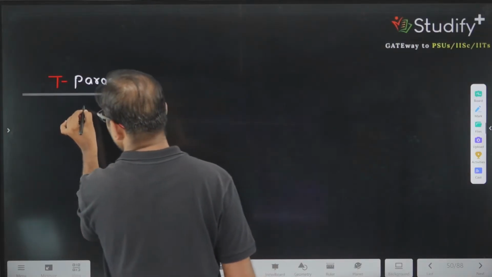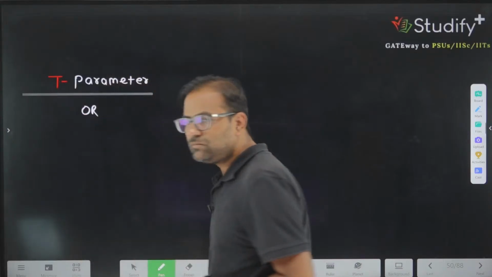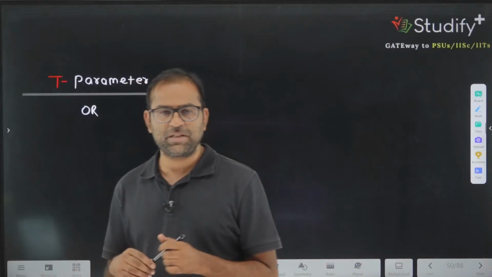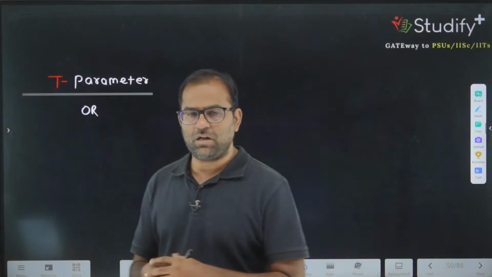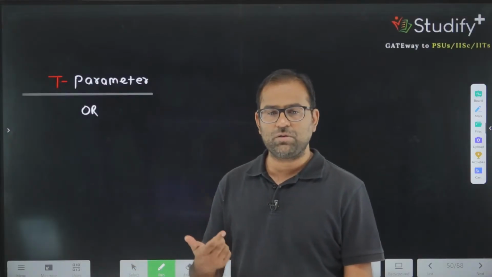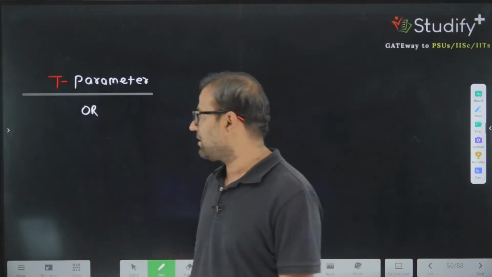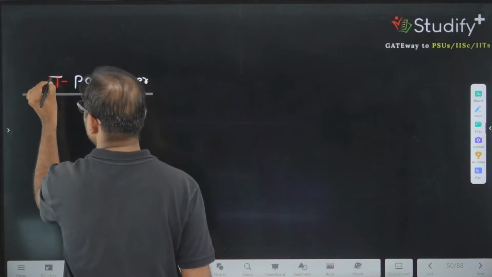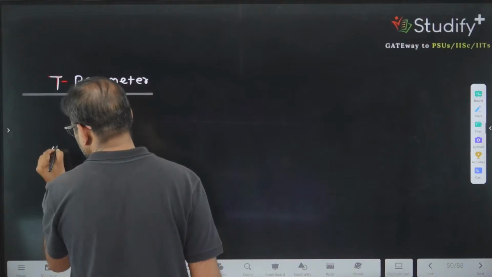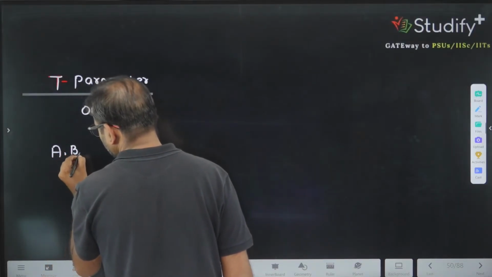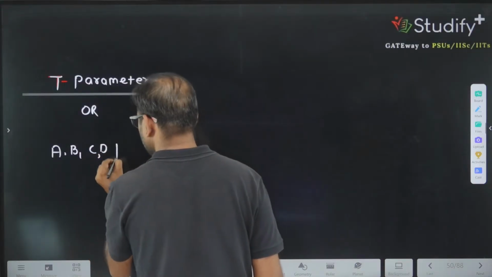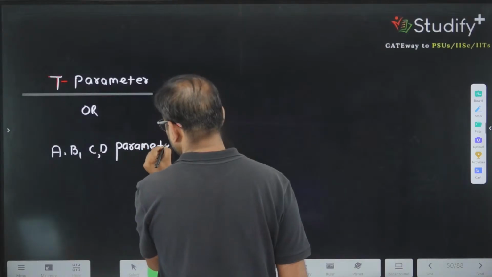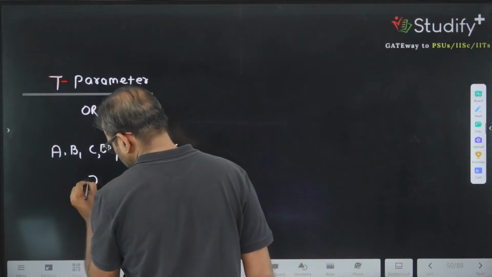Always remember, it is used for cascaded systems. When systems are cascaded, you can have the equivalent T model using the multiplication of the matrices. So we will talk about that T parameter, or also known as ABCD parameter, or you can say this is known as transmission parameters.